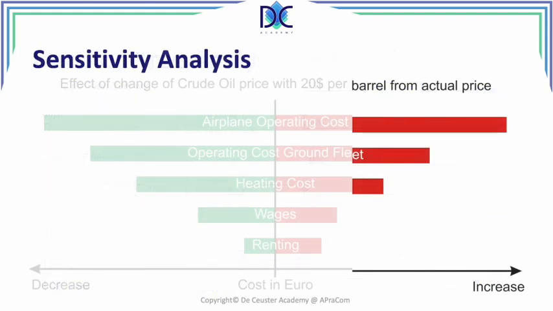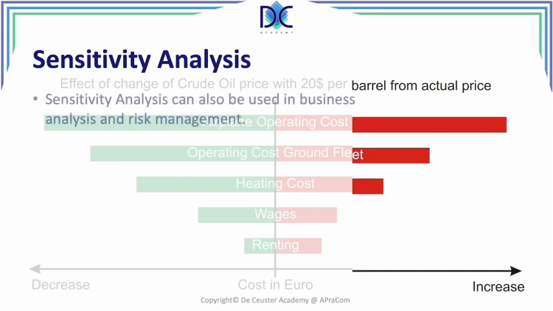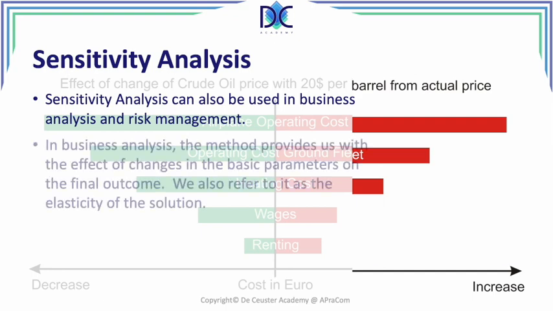Another element is sensitivity analysis, and we see here a graph where we have the effect of change of crude oil price with $20 per barrel from the actual price. We can use the sensitivity analysis in business analysis and in risk management.